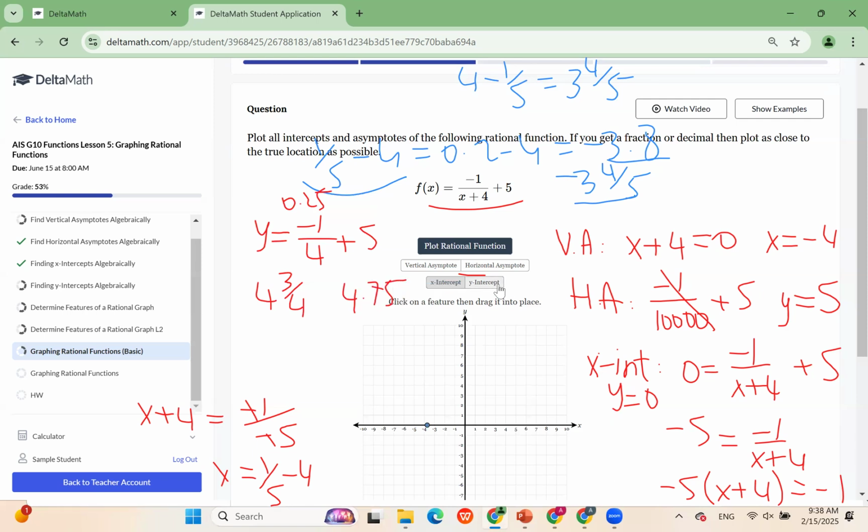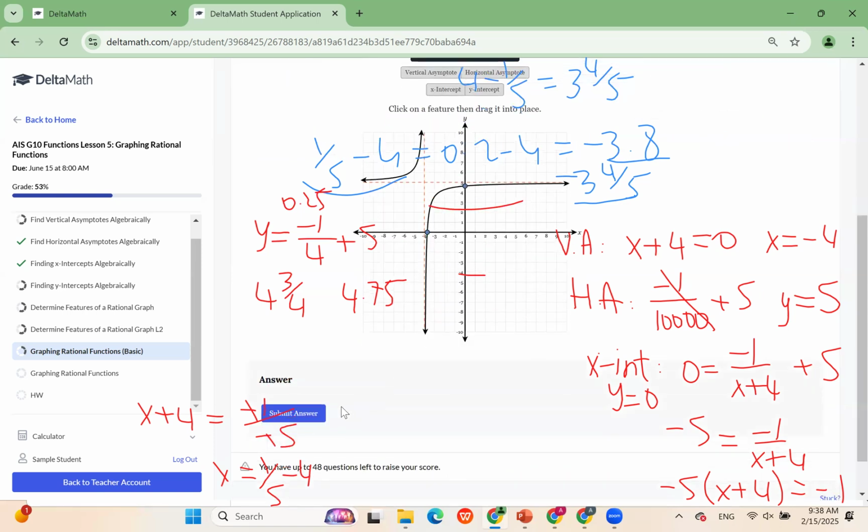So for the y-intercept, 4.75 means it's almost 5, not quite at 5, just a bit below. And we already got the vertical asymptote at -4 right there. We got the horizontal asymptote at 5 right there. So this is the function. And we submit.